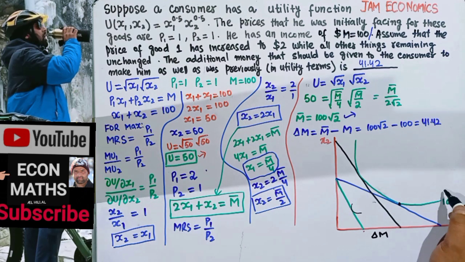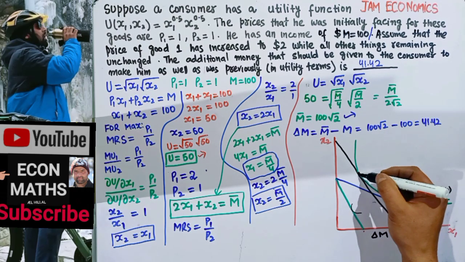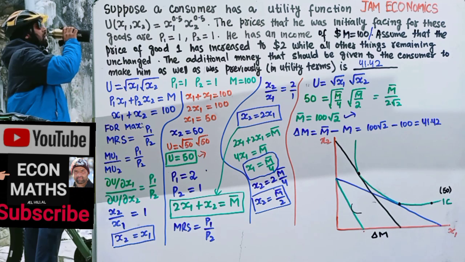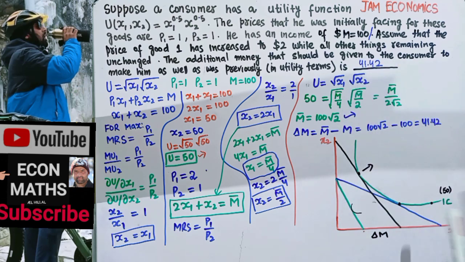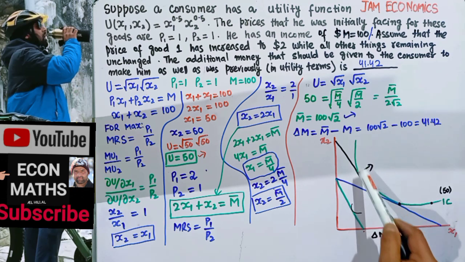So this indifference curve, let us say, gives us 50 utils, obviously. So 50 utils will be here, here, and one point will also be here where the tangency condition is met. So we shift this budget constraint, and here we apply again the tangency condition, and we find out that we need to give him an extra $41.4 so that he is as well off as he was earlier, because he is on the same indifference curve. Okay, I hope I make myself clear. Thank you.